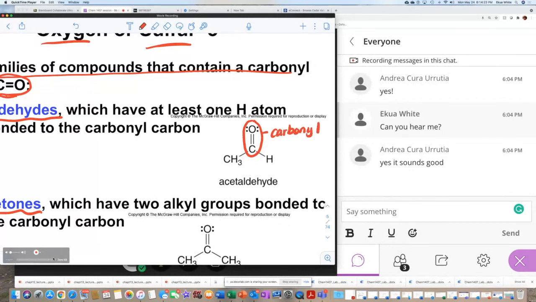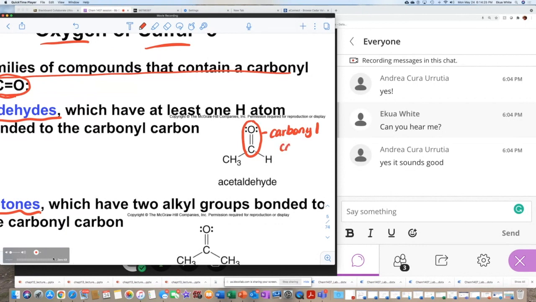So in the aldehyde, the carbonyl carbon is on the edge. In other words, it's like carbon number 1, right? So you number this one here, carbon number 1. It's in the far right. That's the first carbon you run into. So with the carbonyl carbon in the aldehyde, on one side, you will have a hydrogen.